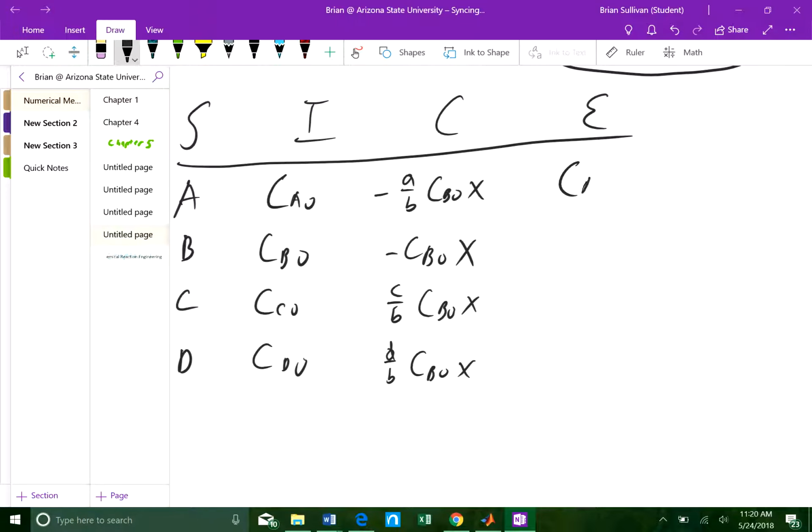Now you just put them together. The E is probably the easiest part, the exit or ending. So initial, change, substance, exit, right? Now, okay, CaO minus A over B, CbO x, CbO minus CbO x.